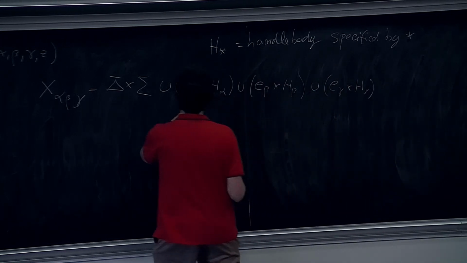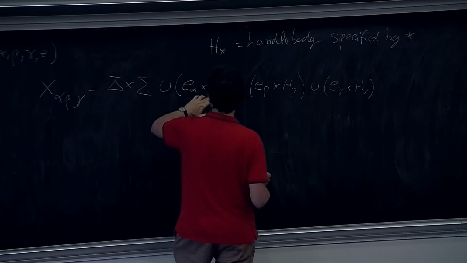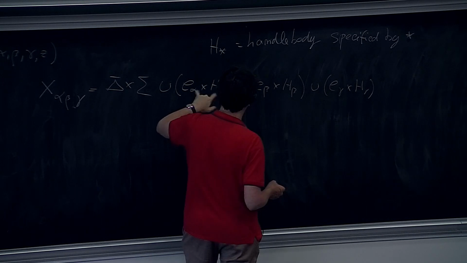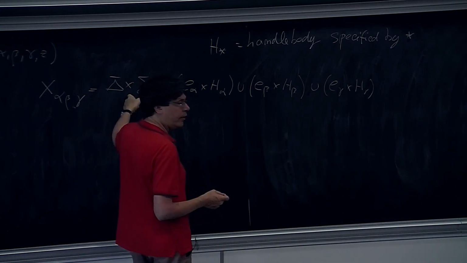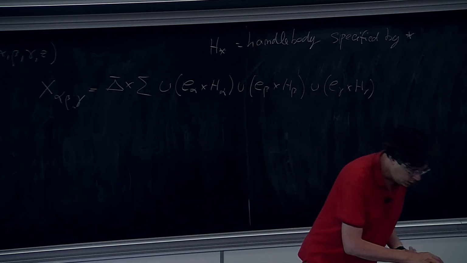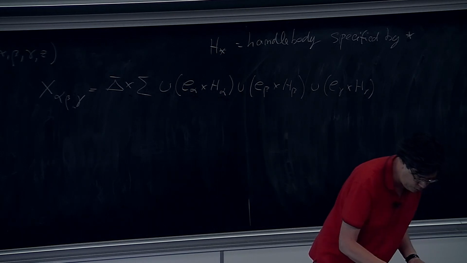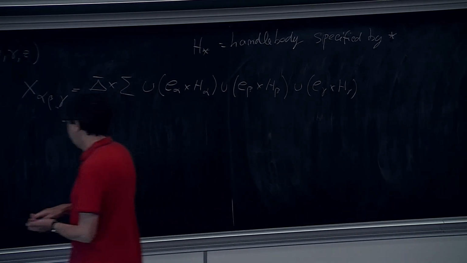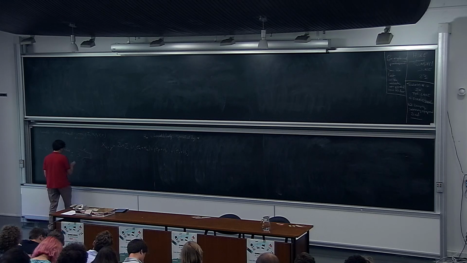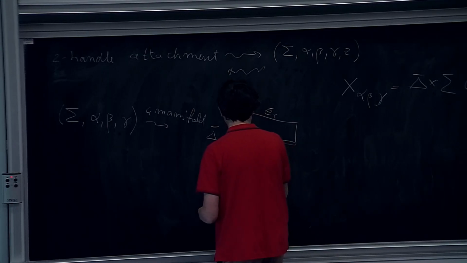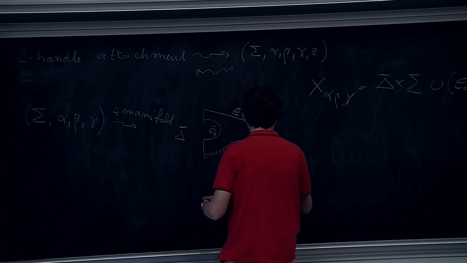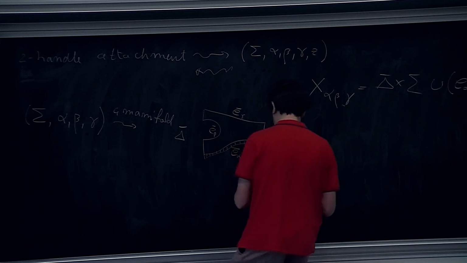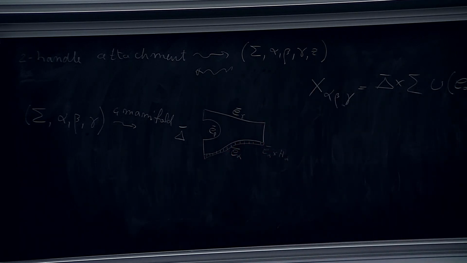And here, of course, you glue this along the boundary. So the boundary of E alpha times H alpha is sigma, and you glue it along E times sigma on this side. So in pictures, using the usual color code, here you add E alpha times H alpha, and I forgot the bars here.